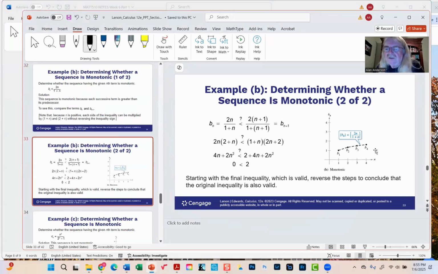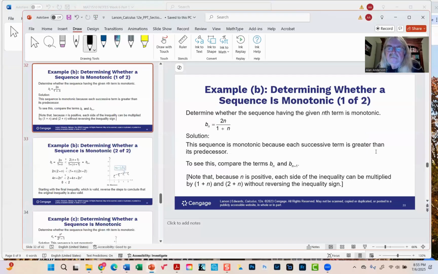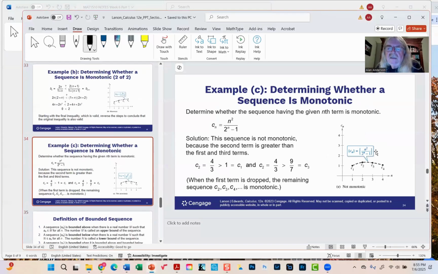Anyway, so this is what it looks like. So that means it's a monotonically increasing sequence. Okay, what about this one? Well, no, no such luck. You can see by the graph that this one goes up and it goes down, so it's not monotonic.